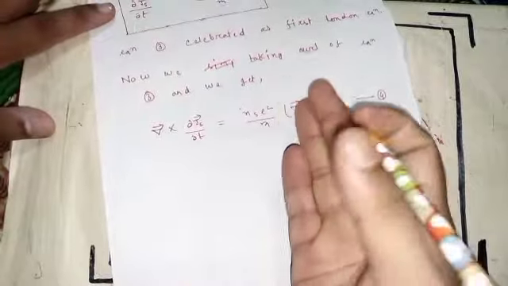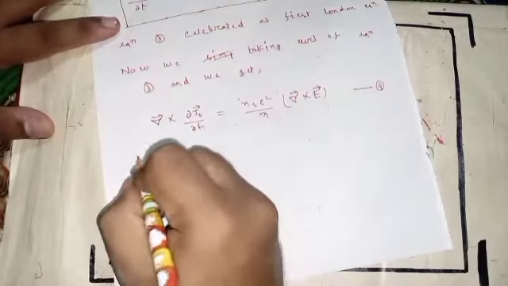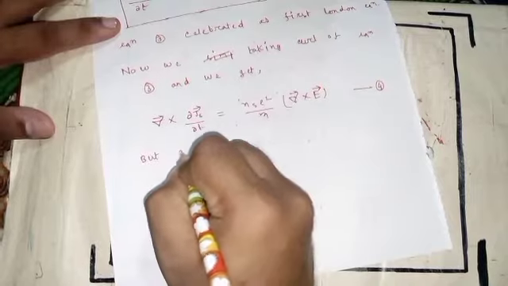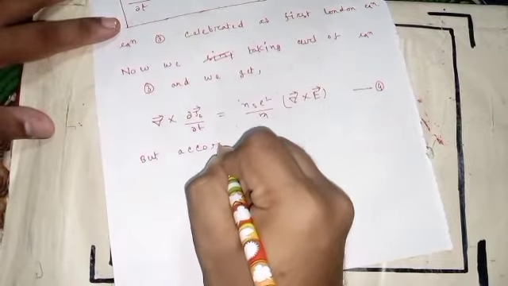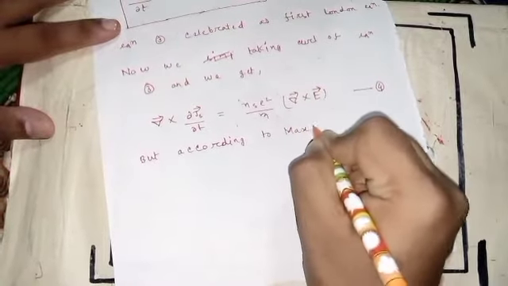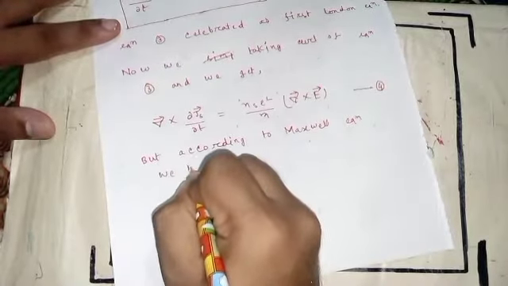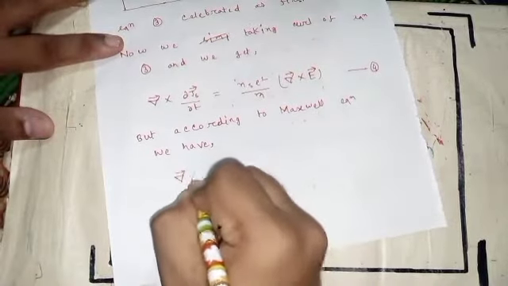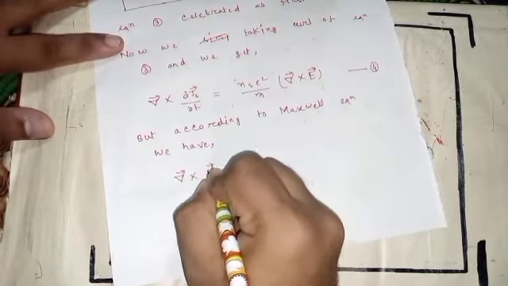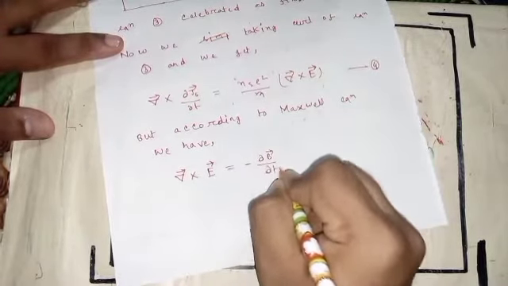But according to the Maxwell equation, we now use the Maxwell equation in this place. According to the Maxwell equation, curl of E vector is equals to minus dou B vector by dou t.